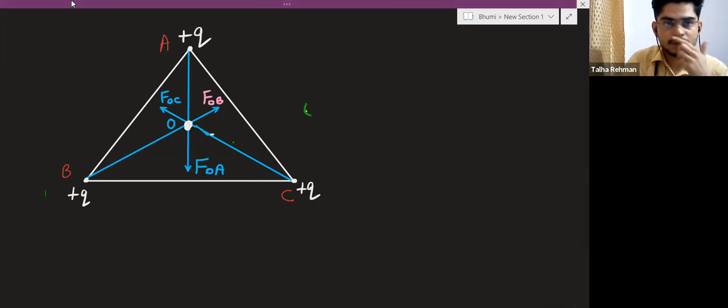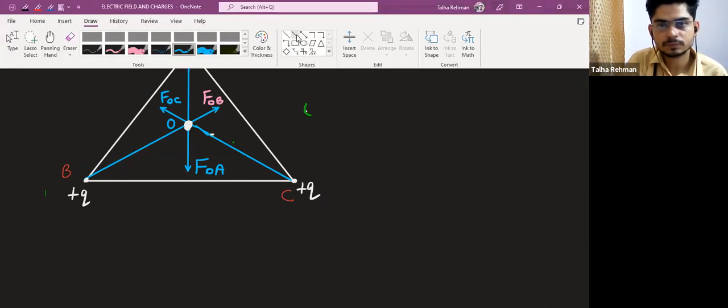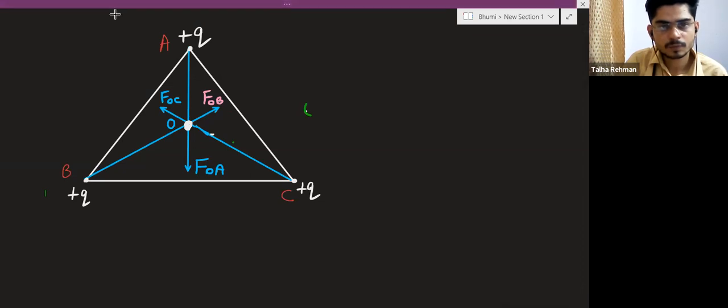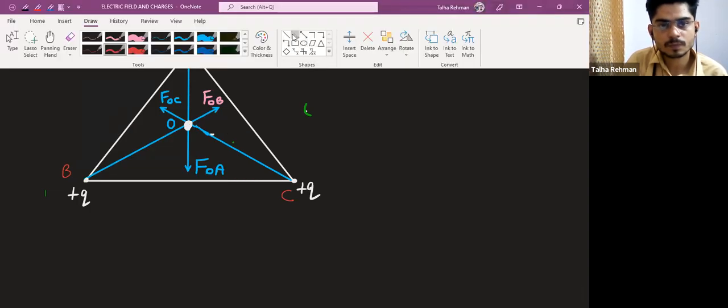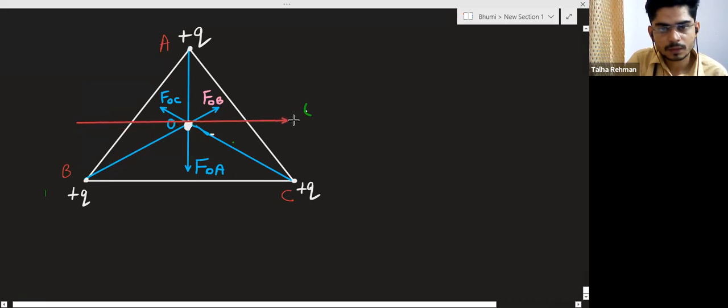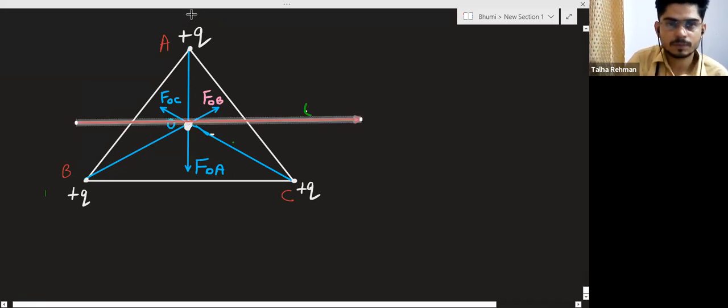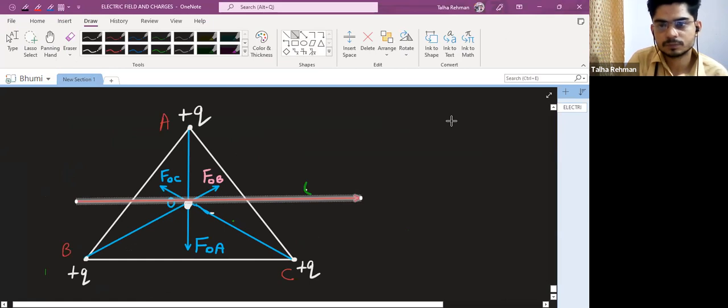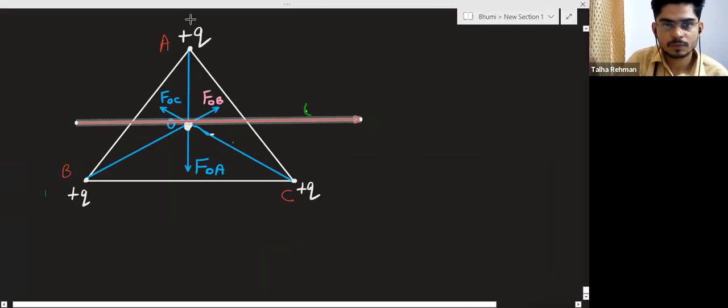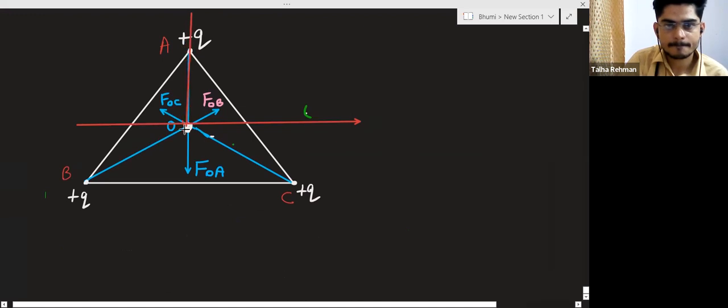So this is the x-axis. This is the y-axis.